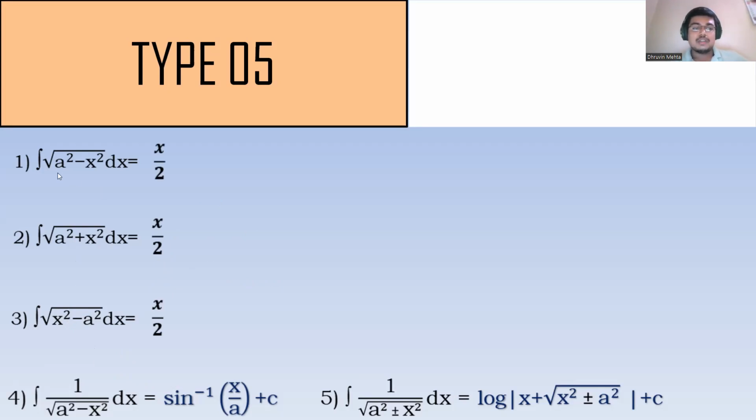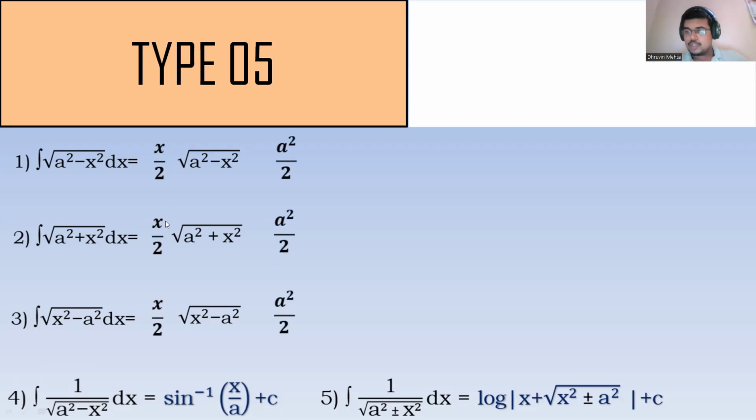And then we have to just copy the question. Root a square minus x square over here, root x square plus a square over here, root x square minus a square over here. The third term is going to be a square by 2 everywhere. Now in the first formula, is a square positive or negative?